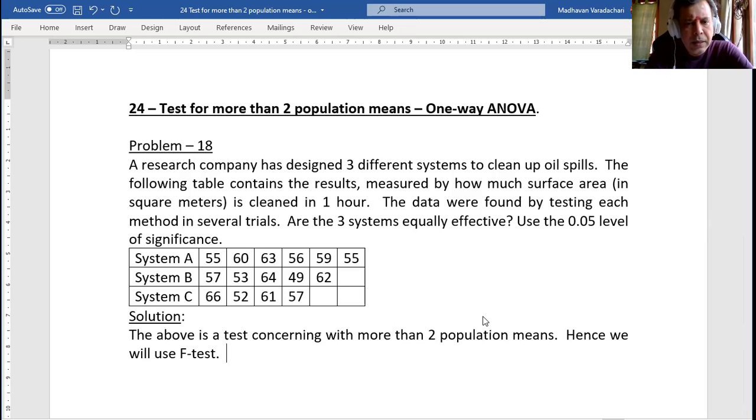Then we are going to find out whether all the three systems are equally effective. And here, only in the row, they gave the headings like system A, system B, system C. They didn't give any heading for the columns, what situation, what parameters, etc. So we will be doing a one-way ANOVA or one-way analysis of variance.